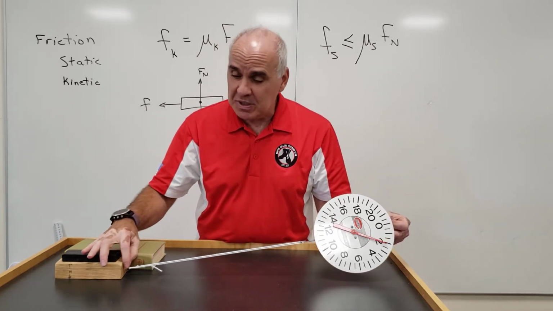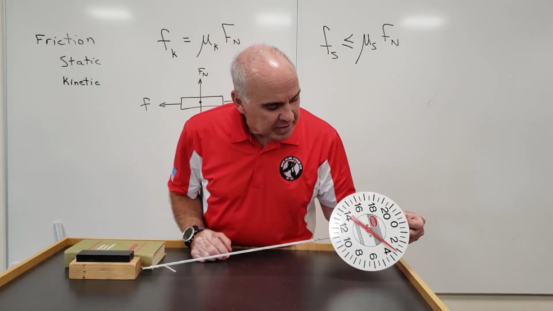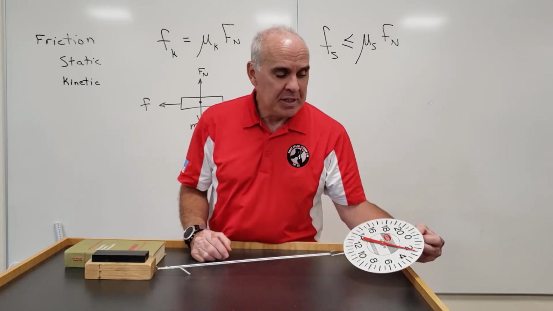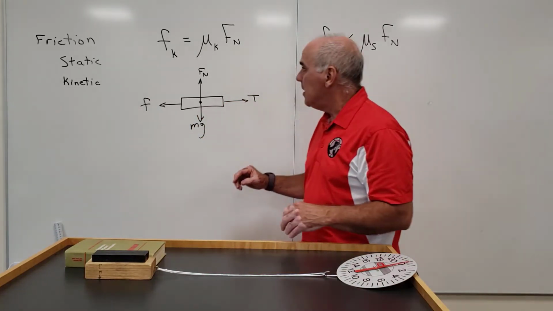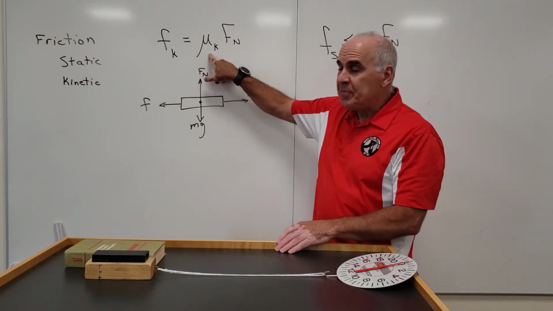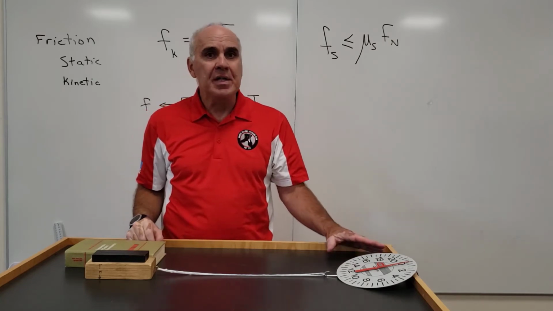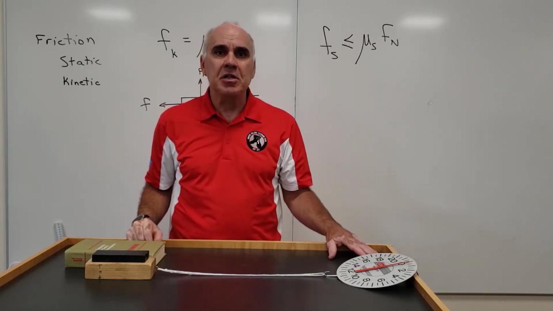That's why we work with ranges. But you get it started at around 4, and then once I got going, I'm down to 3.5. What's happening there is the coefficient of kinetic friction generally is smaller than the coefficient of static friction, and so once the object is going, it's generally easier to keep it going.